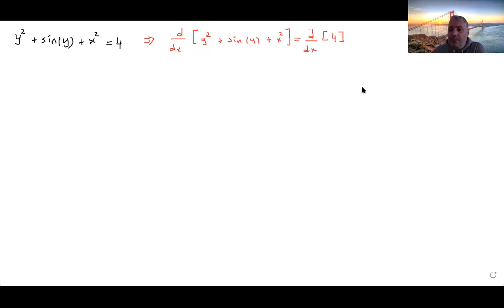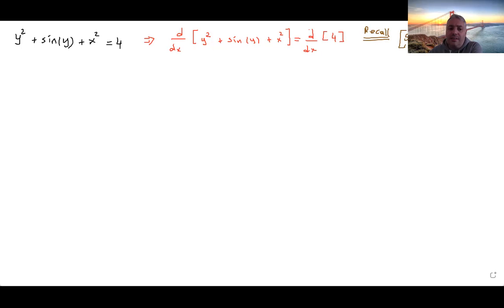Do you have anything to ask me till now? I just copy pasted. Now, before starting, ladies, I just want to remind you, recall that the derivative of sine of u is u prime times cosine of u.